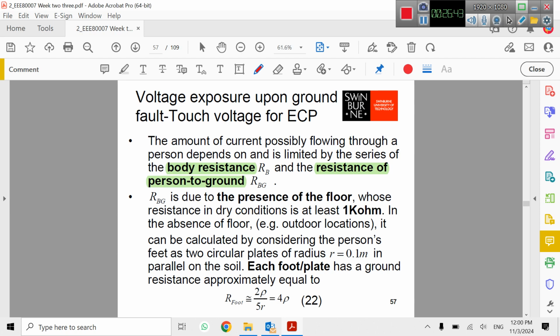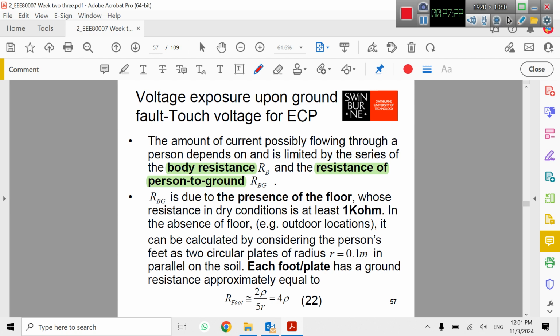So from here, the human, having 2 feet, is considered as 2 electrodes, each foot one electrode. And you learned from previous slides the 2 rho, why 2 rho? Because we have 2 feet, over 5r, where r is considered, meaning the electrodes should have a distance of at least 5 times the radius.